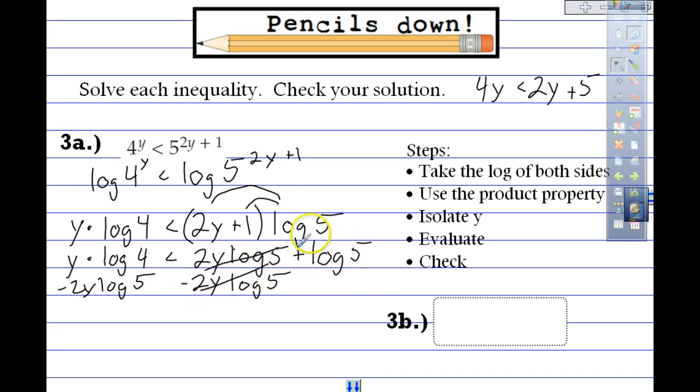So just numbers over here, now variables on the left. And don't get distracted that there's a lot of these logs floating around. They're just regular old numbers taking up space. So now we have y log 4 minus 2y log 5 less than log 5.